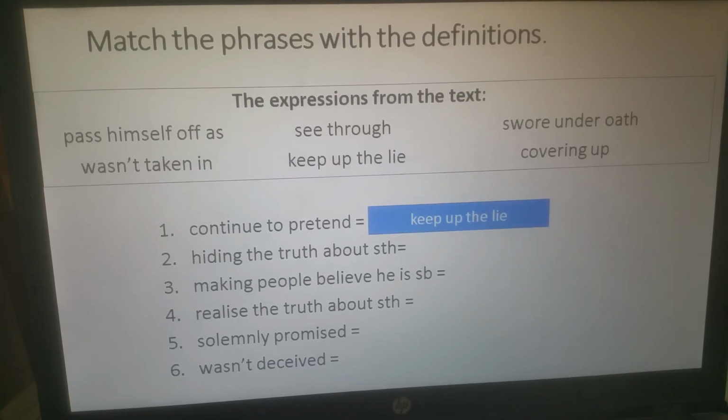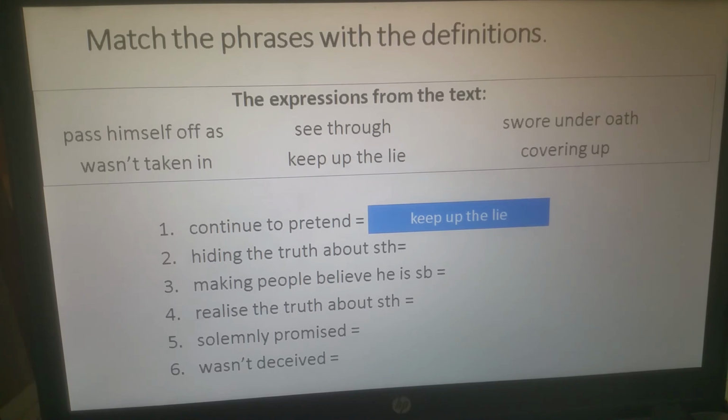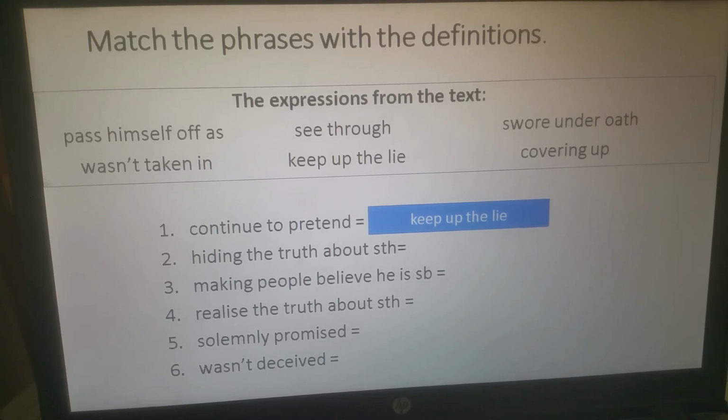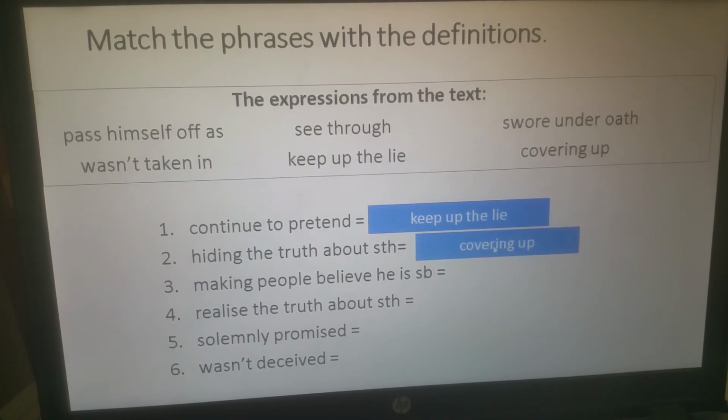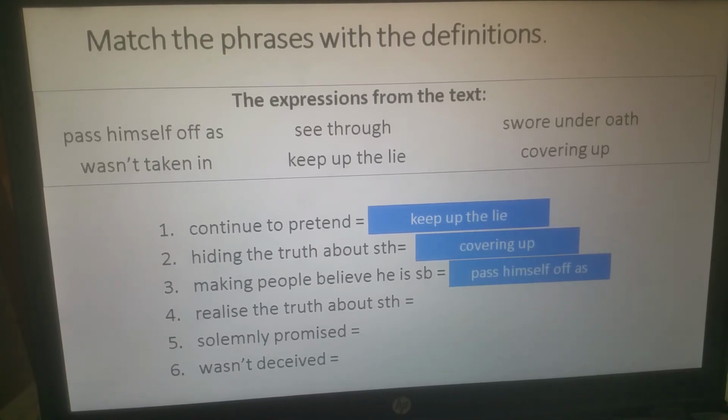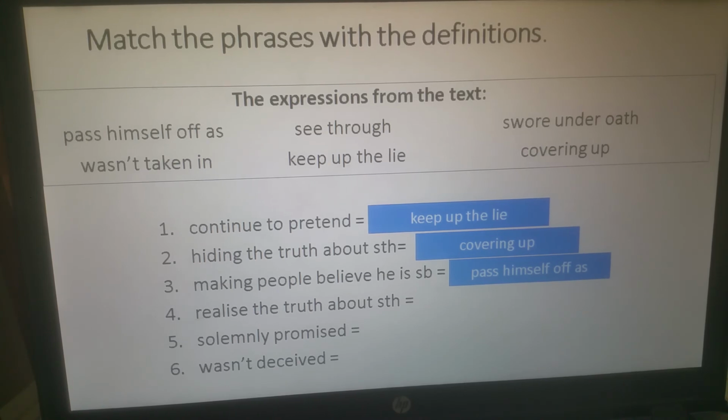So, continue to pretend. Its meaning is keep up the lie. Try to find the connections. Continue and keep up the lie. Hiding the truth about something. So hiding, covering. Making people believe he is somebody: pass himself off as.